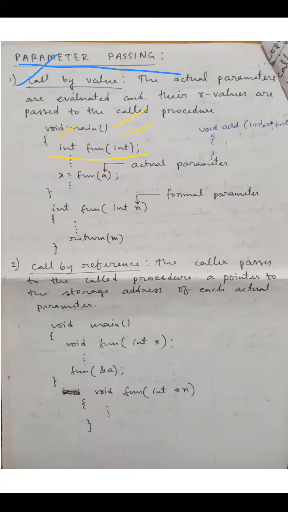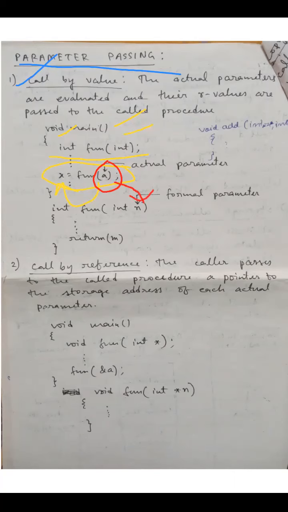After some lines, we call this function: x = fun(a). Fun(a) returns some value which is stored in variable x. Now look at the parameter: a. Say we have taken a from the user at runtime. So the value of a will be passed to n.